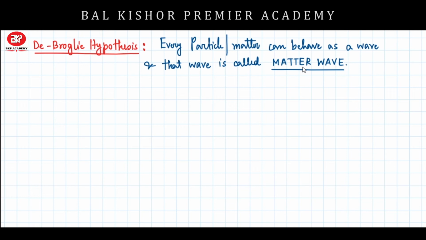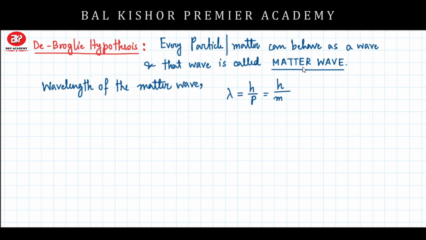The wavelength of the matter wave is denoted by lambda equals, as we have already seen, h by p. We can also write it as h by m into v. This will be the wavelength of the matter wave, where v is the velocity of the particle and m is the mass of the particle.